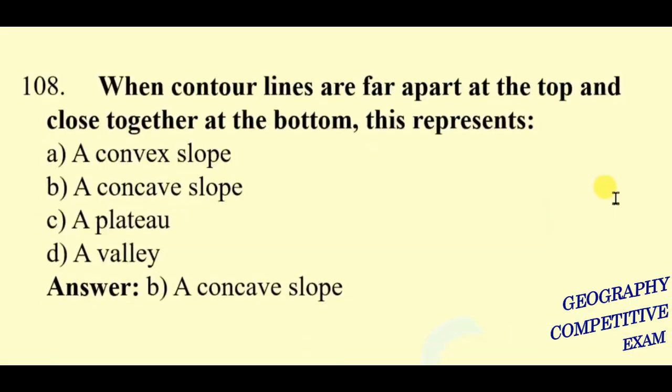Question number 108. When contour lines are far apart at the top and close together at the bottom, this represents a convex slope, a concave slope, a plateau, a valley. Here the right answer will be a concave slope.